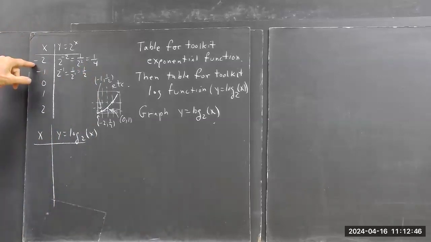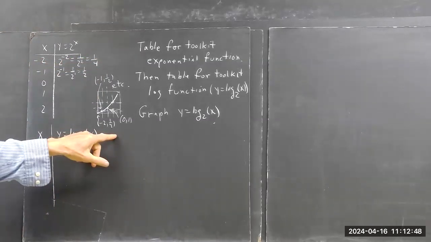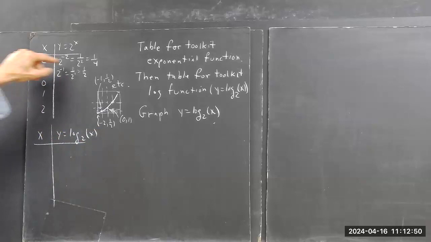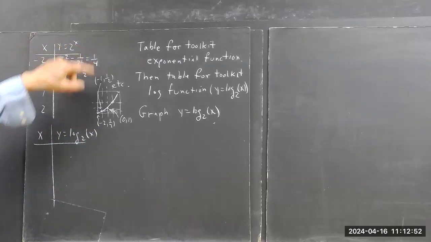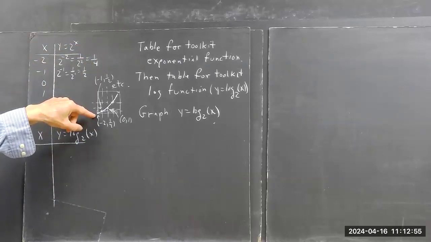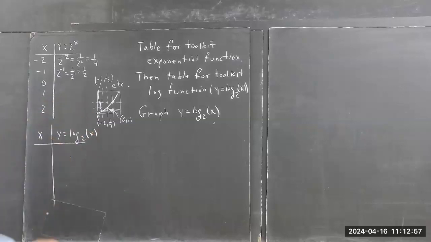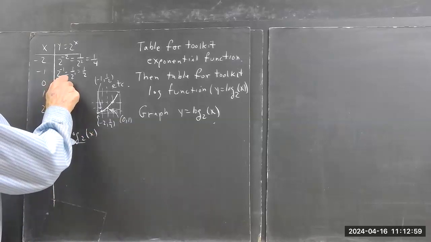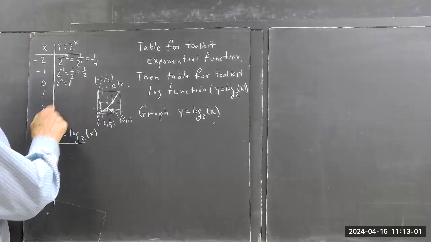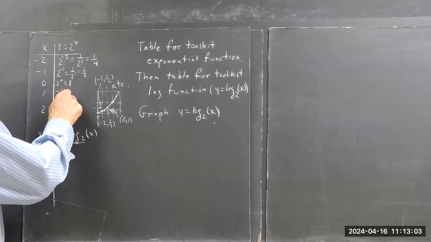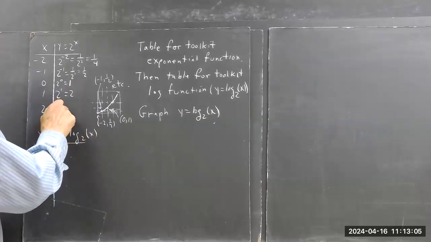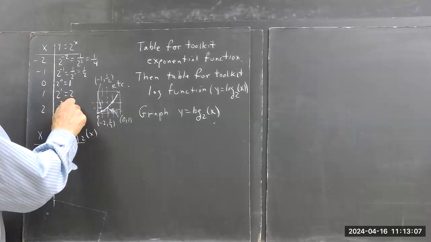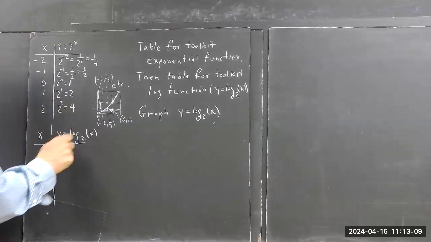Notice -2, 1/4 agrees with what we got when we constructed this graph. And 2 to the 0 is 1, 2 to the 1 is just 2, and 2 to the second power is 4.